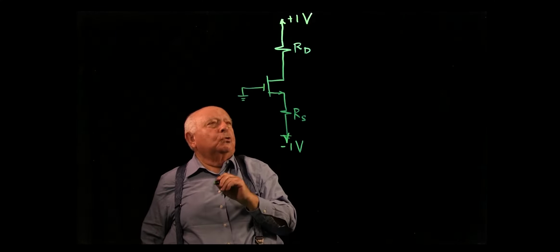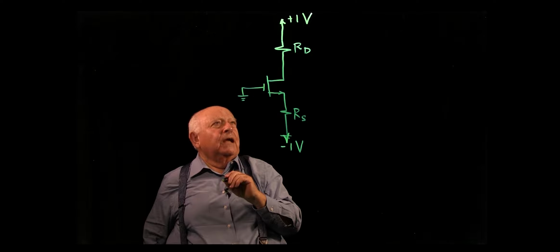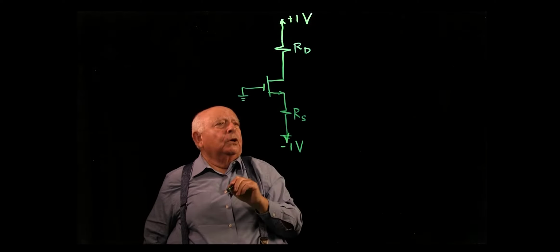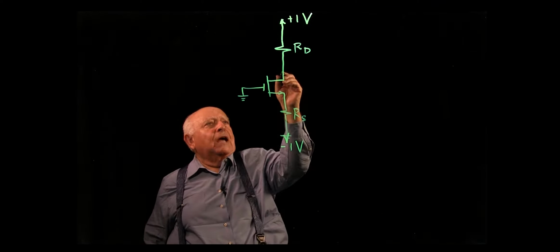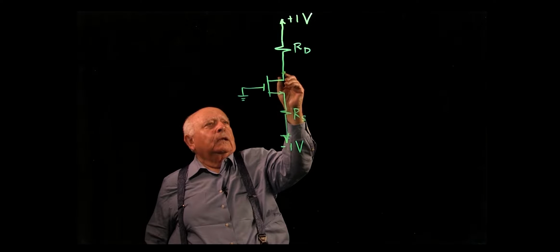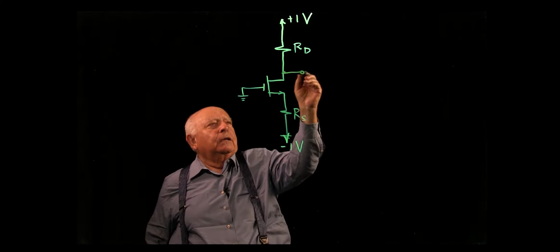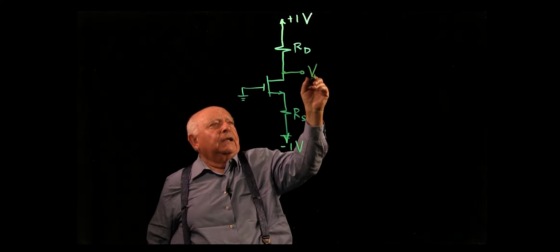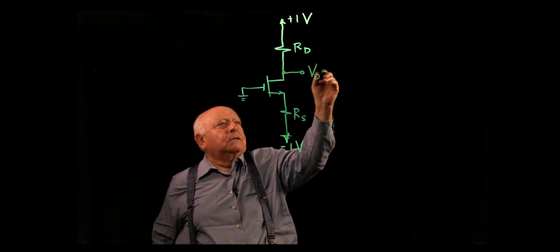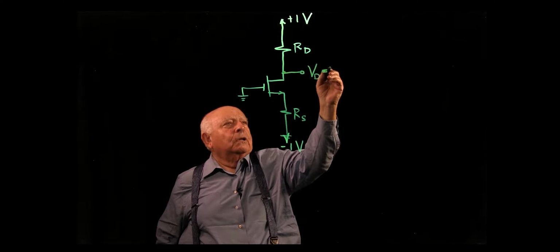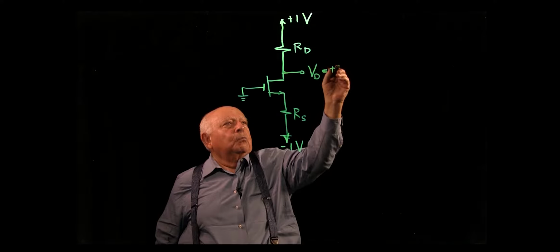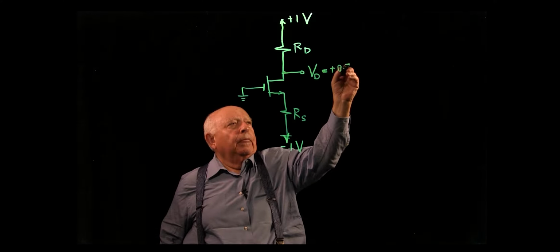We are asked to design the circuit, that is, to find the values of RD and RS, so that we obtain a voltage VD at the drain of plus 0.3 volt.